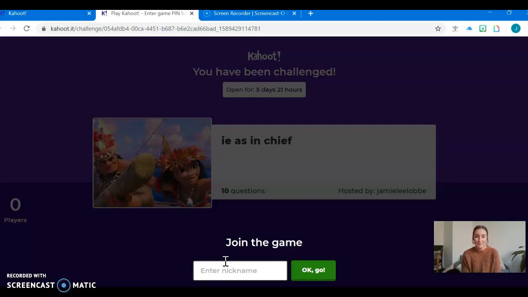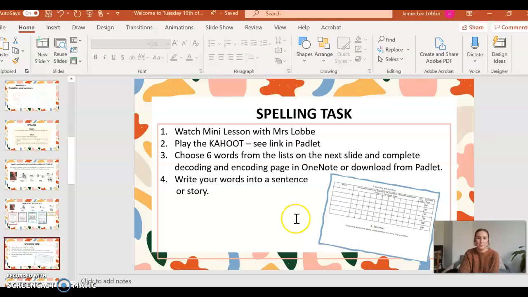So if your name is Jamie Lee Lobey, you'll write Jamie Lee Lobey, not just Jamie. Particularly because we have multiple Nates, we have multiple Isabellas, we have multiple Toms, Sams, etc. You need to put your full name, please. And then you're going to play that. There's 10 questions. They're all multiple choice. You are choosing the correct spelling for the IE words to test your knowledge.